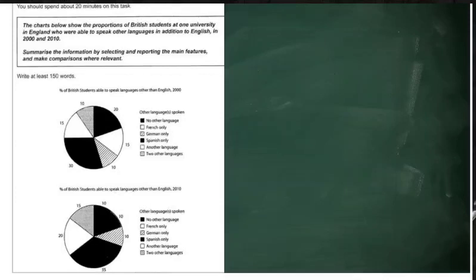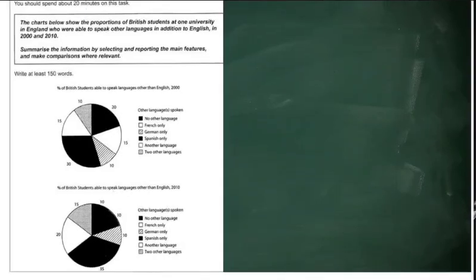Now, if you look at the first part, it says you should spend about 20 minutes on this task. So it's a task worth 20 minutes, and you're supposed to simply talk about a summary. You're supposed to summarize the data given, according to the different variables, the different indicators that they have given, within 20 minutes max.